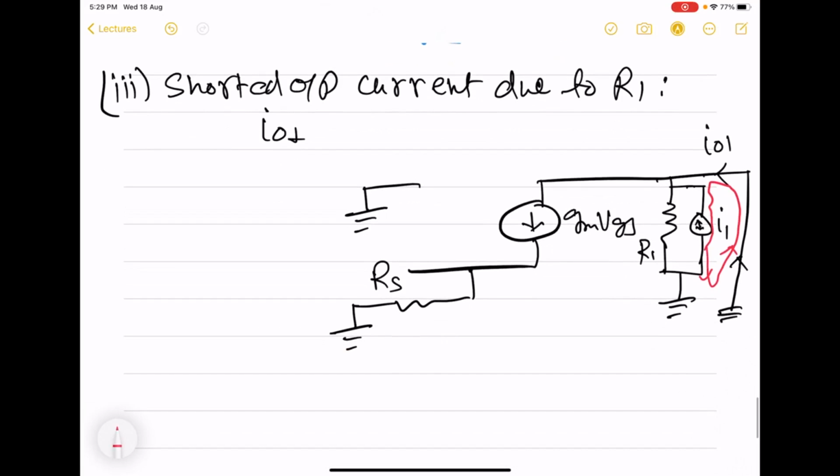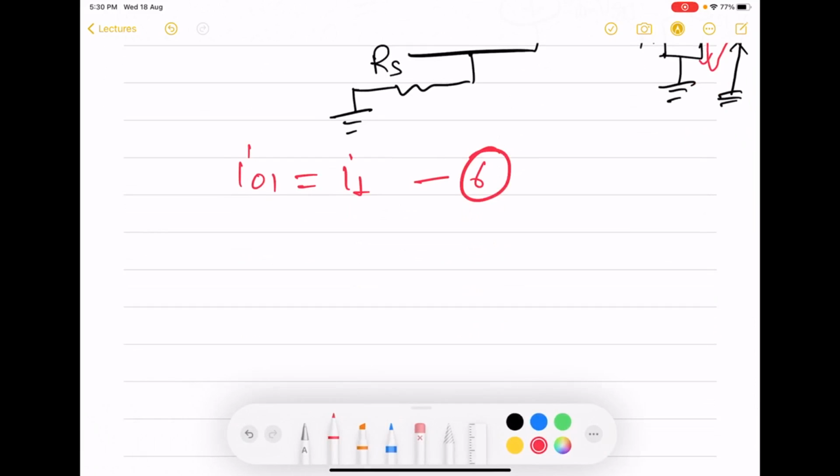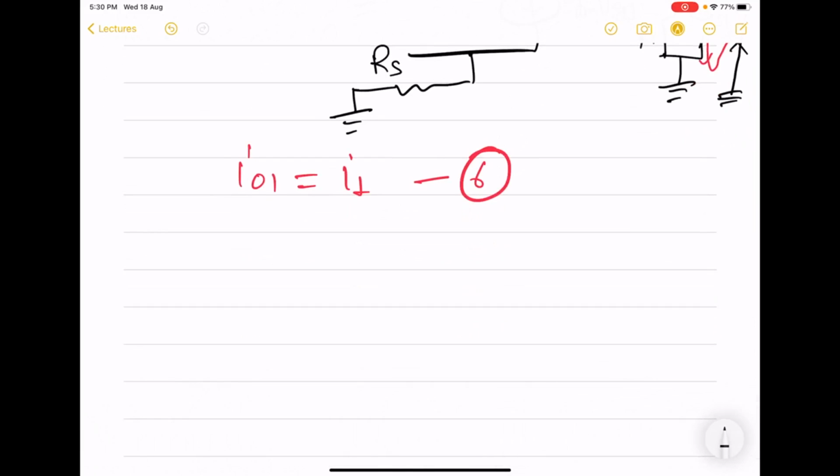So here also IO1 is going to be equal to I1. This is the kind of response that we have been getting for drain current in the previous two LNAs. So now we know all the three currents. The next step will be to find out the total mean square current.